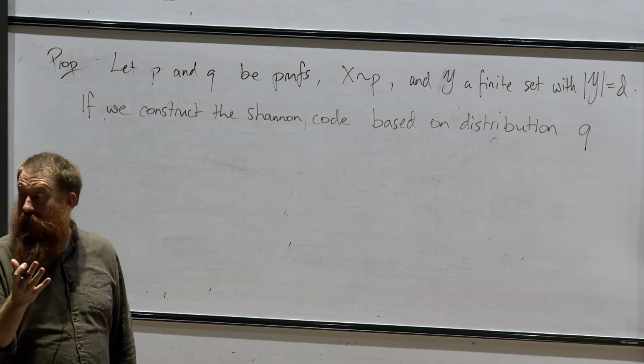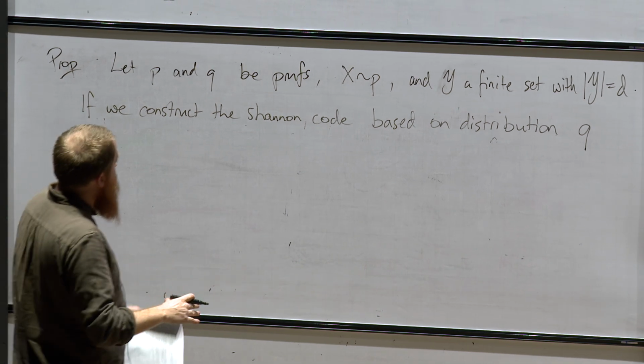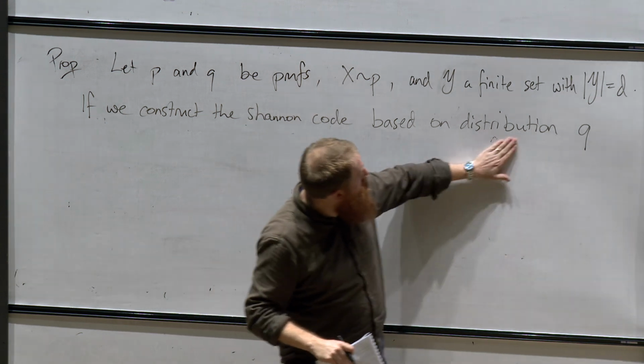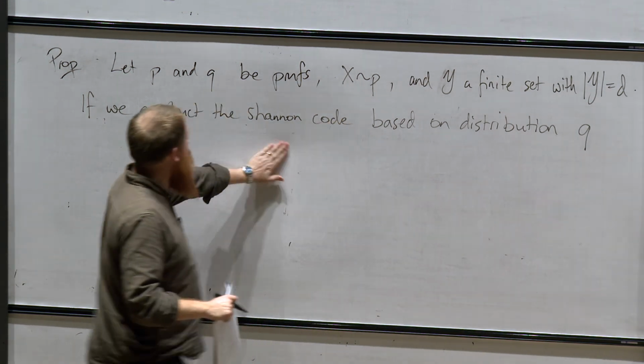I might not know them exactly. So if I don't know them exactly, I might be constructing them based on something else, some other Q.